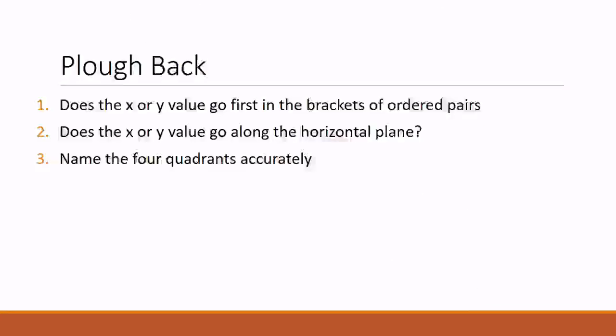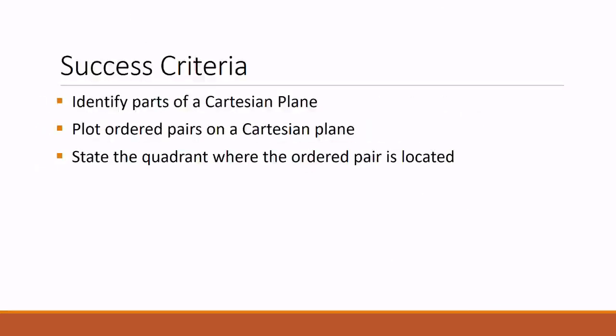So let's go back to the success criteria. Can we identify the parts of the Cartesian plane? Well, I gave you some pretty comprehensive notes around that, and so hopefully you've got all those either written down in your book or in the notes. We also looked at how to plot some points on the Cartesian plane, and we also stated which quadrant they appear.